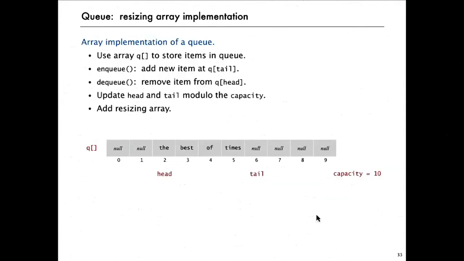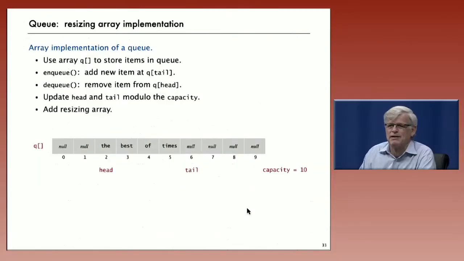Okay, what about arrays? Well, we won't do the details, but it's not difficult to implement queues with resizing arrays as well. Not difficult, but definitely a tricky programming exercise that people are welcome to try. So we'll maintain two pointers, the head, the first item in the queue, and the tail, which is the position for the next item to appear.